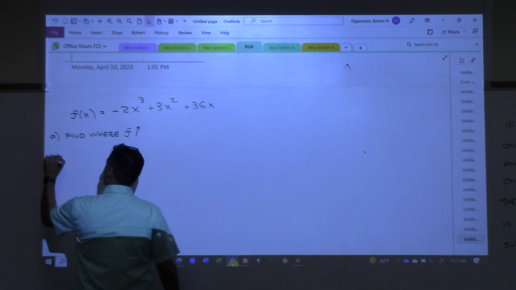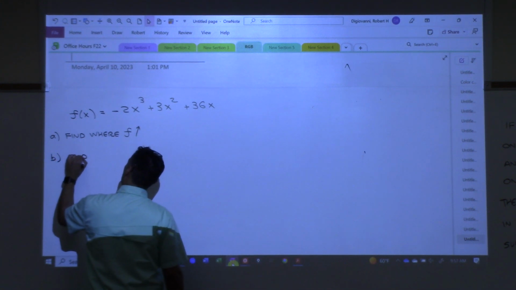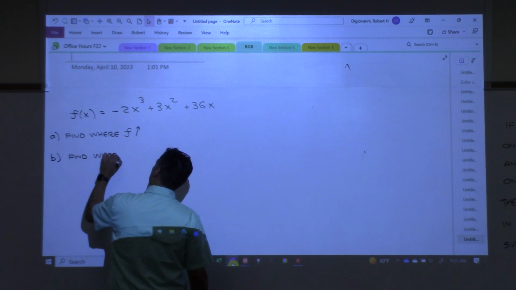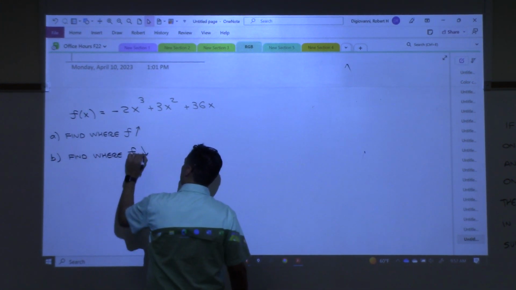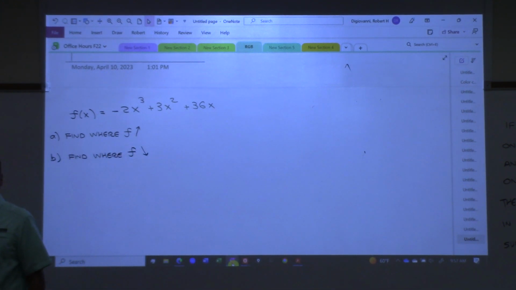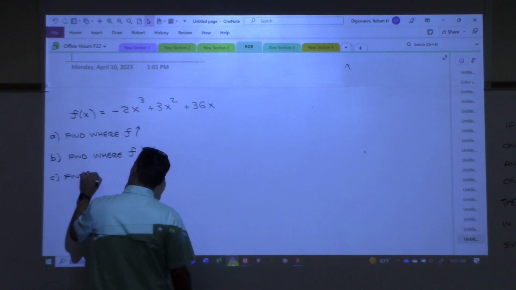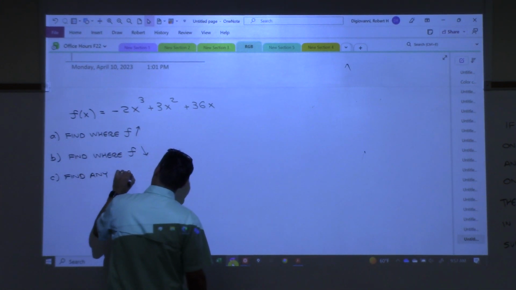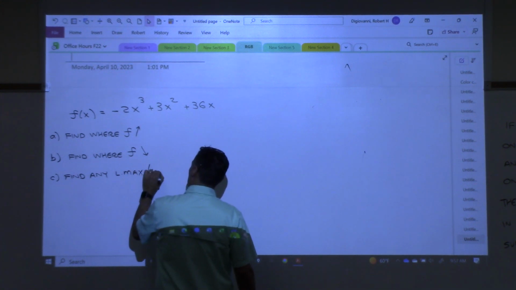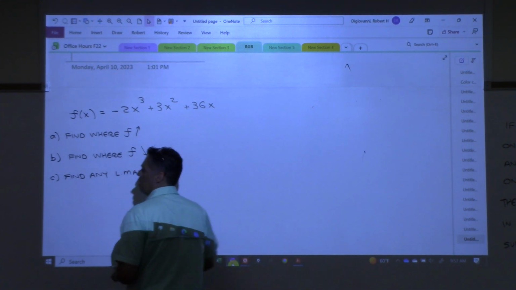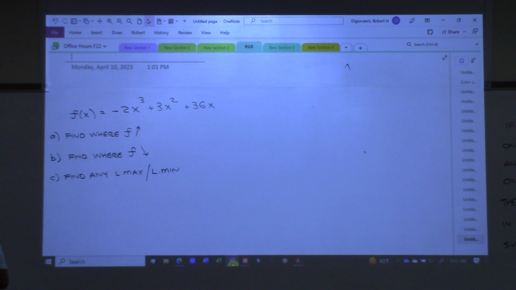Then I want you to tell me where this graph is going down. And finally, I want you to find any local max and local minimums. So I want you to find any peaks and valleys to this function. Understand what the question's asking?